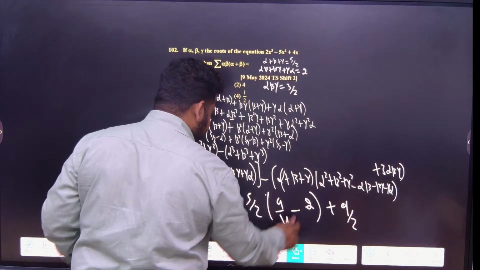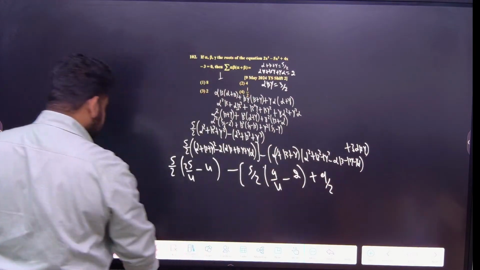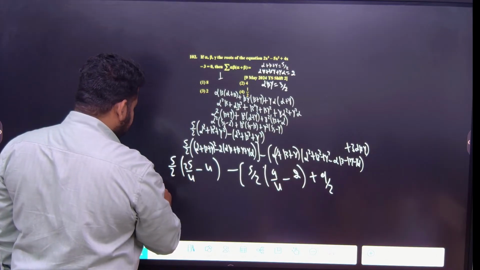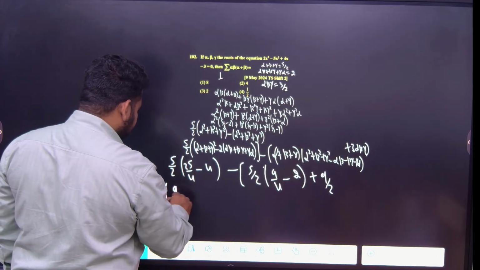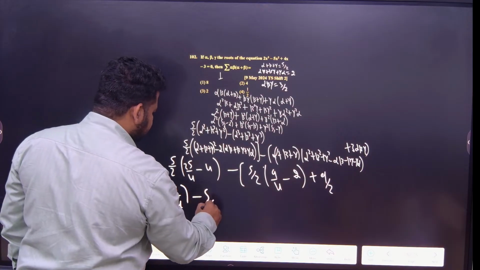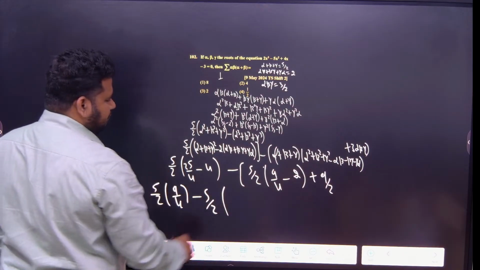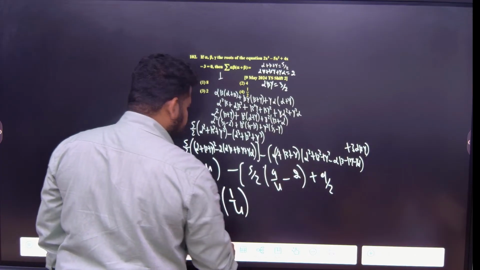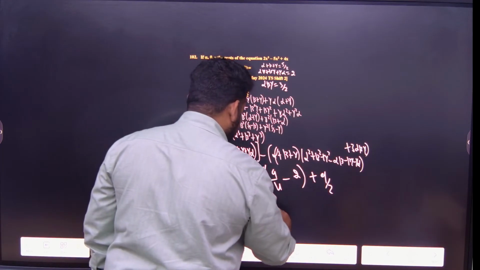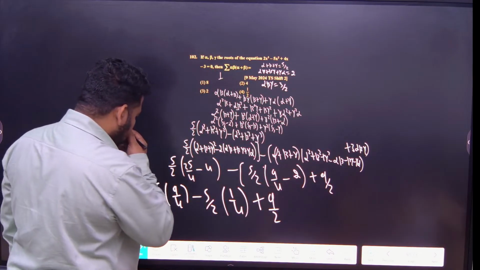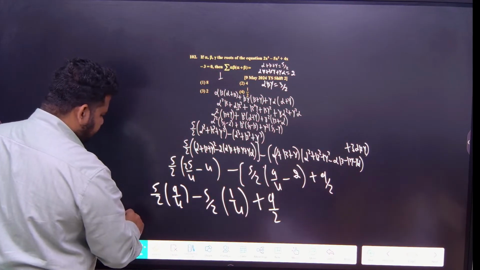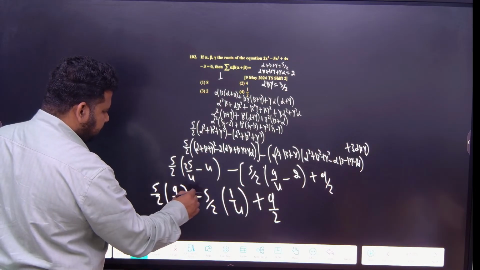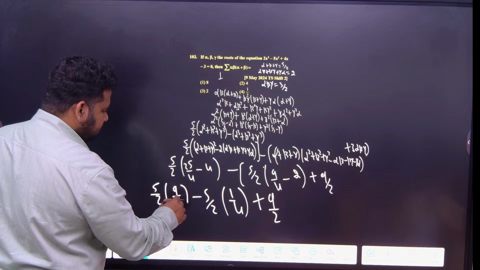Now solve this. So this will be 9 by 4. Correct now? This will become 5 by 2 into 9 by 4, minus 5 by 2 into 9 by 4 minus 8 by 4, that is 1 by 4, next is 9 by 2. Now what we can do here, 5 by 2 I can take common, 9 by 4 minus 1 by 4 is 8 by 4.